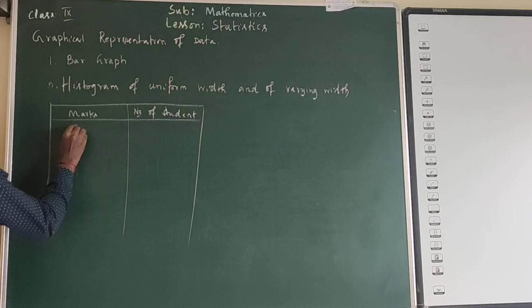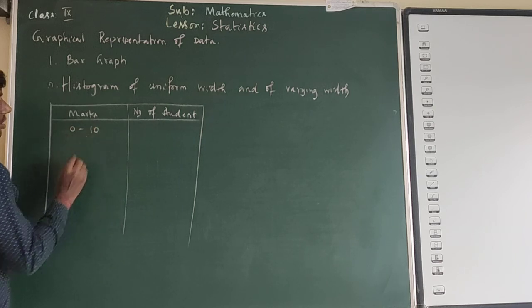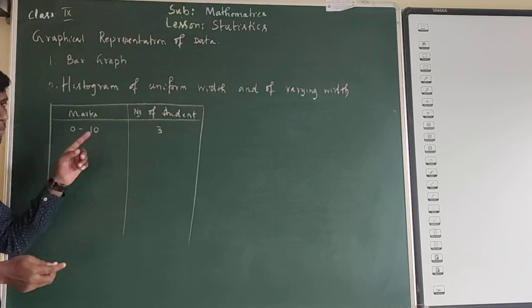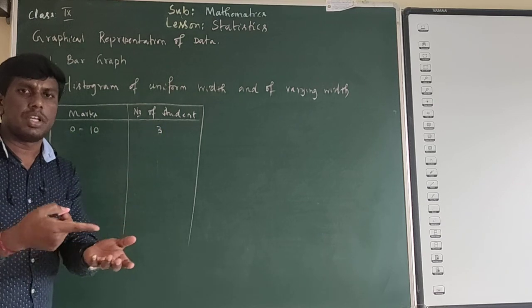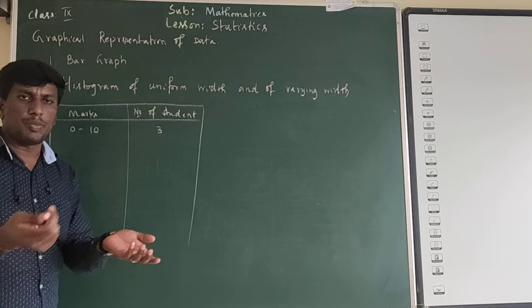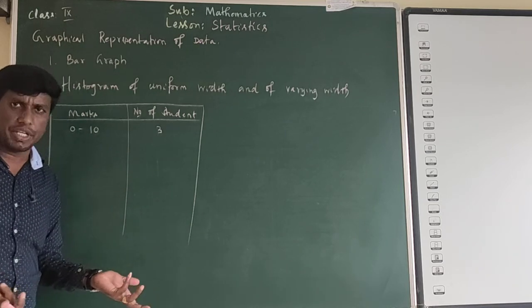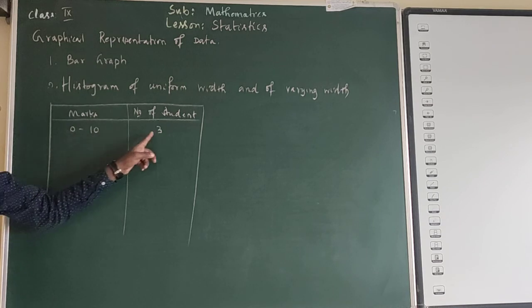I'll take from 0 to 10 marks. Suppose 3 children have taken 0 to 10 marks. Someone has taken 7 marks, someone 9 marks, someone again 9 marks. Maybe it is repeated. So 0 to 10 marks, 3 children.